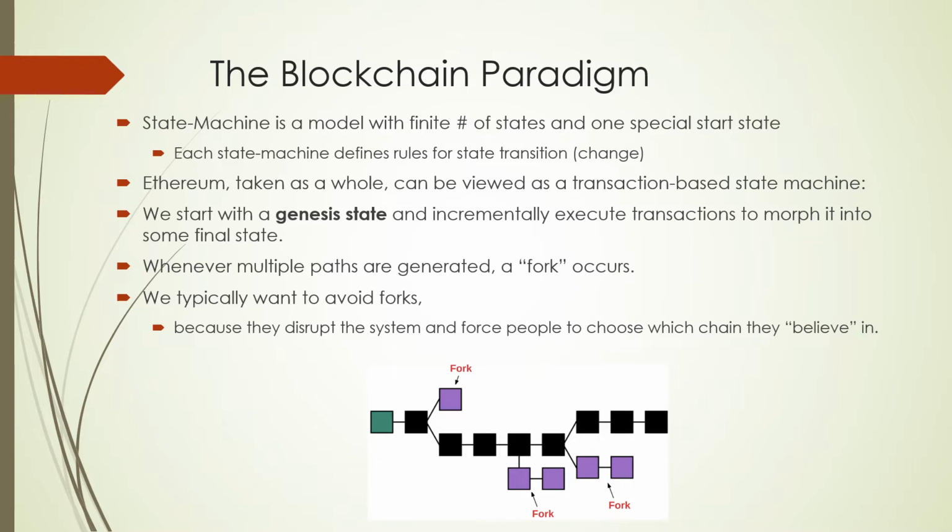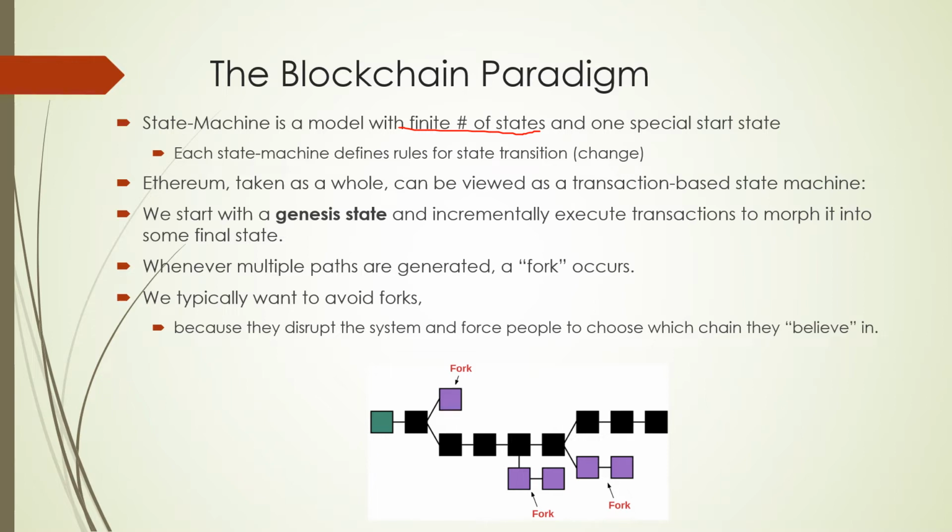So Ethereum in the yellow paper of Ethereum is modeled using a mathematical model called the state machine, which is basically a model that is very commonly used. It has some finite number of states. One of those states is called the start state.